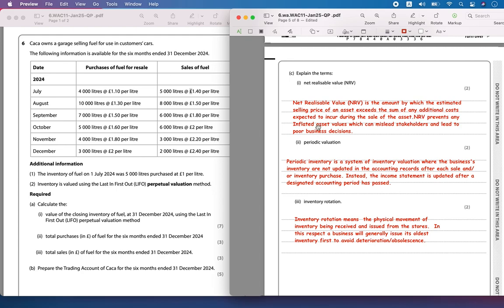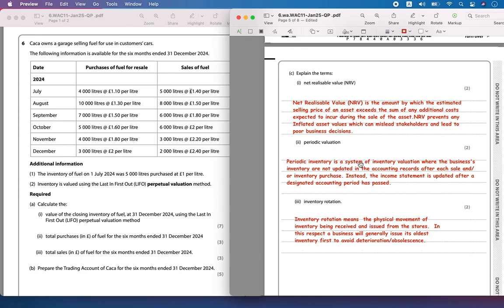This prevents inflated inventory values that could mislead stakeholders and lead to poor business decisions. So any additional costs you have to subtract from the selling price, and that is called NRV.